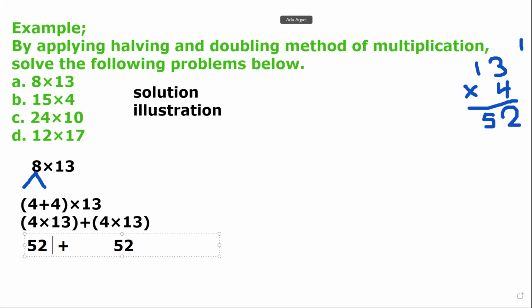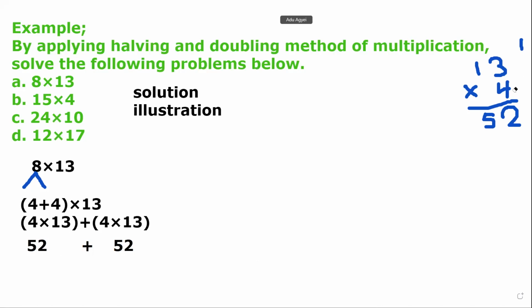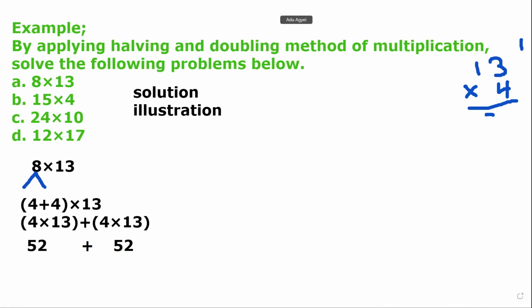So let me shift this one to this side. Now we have this one. Now we are going to add 52 plus 52. So with this, let me raise this side. Great.